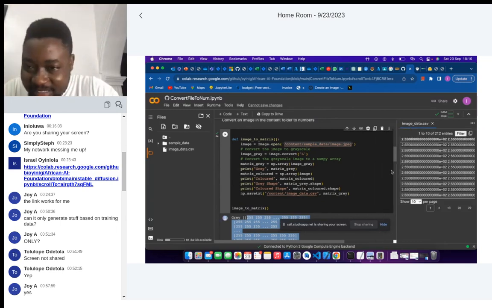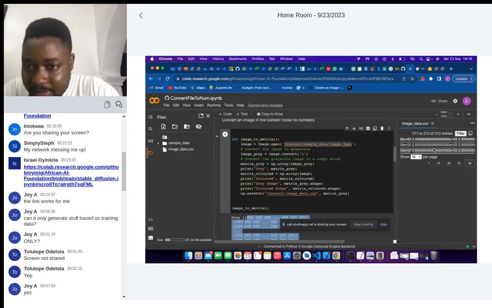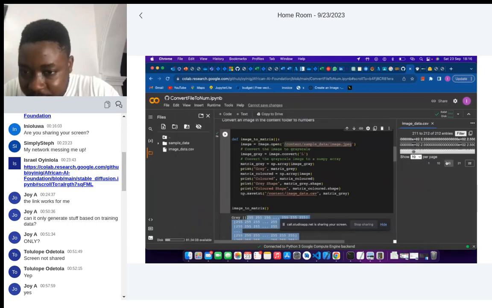So that number represents the fish. Oh, fantastic. This is the fish you're looking at. Okay, it's showing us the top 50. So that means the picture has a lot of white. That's why you're seeing 255, 255. If you recall, it has a lot of white around it. So there's a lot of 255.